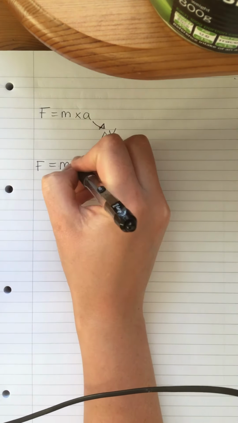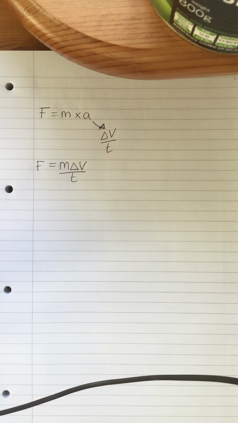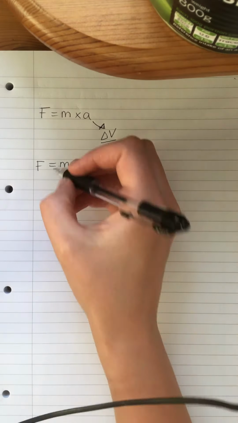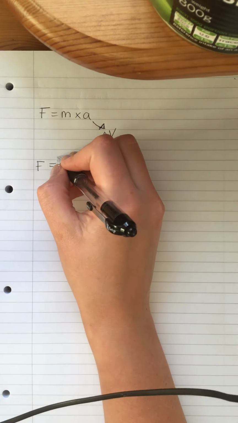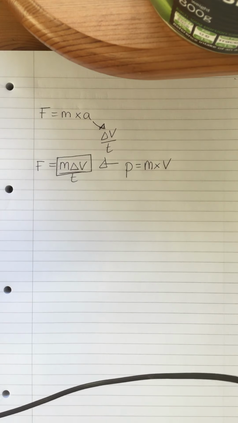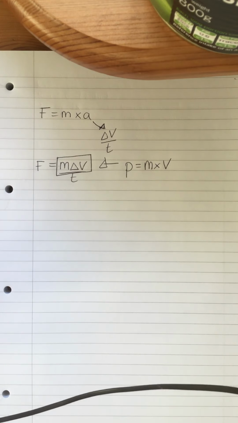This leads us to our equation of momentum. Okay, because we've already spoken about that this is our equation for momentum. You know that from GCSE, momentum given the symbol P equals M times V. Okay, so we know that that is momentum, and we're now able to link that into force.